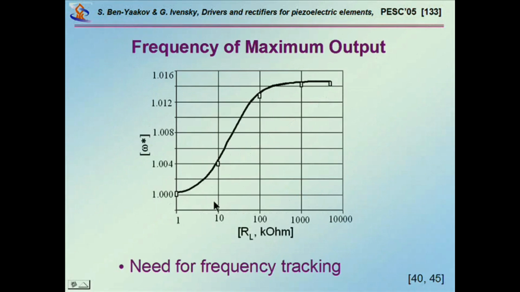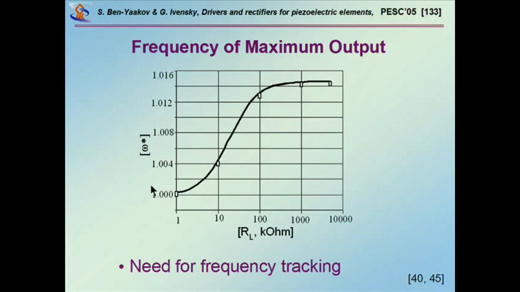And here is, for example, for this particular case, what you have to do in order to get the optimum for each particular point: you do have to change the frequency a little bit. It's not a lot, but since the quality factor is high, very small changes will already ruin the whole thing.